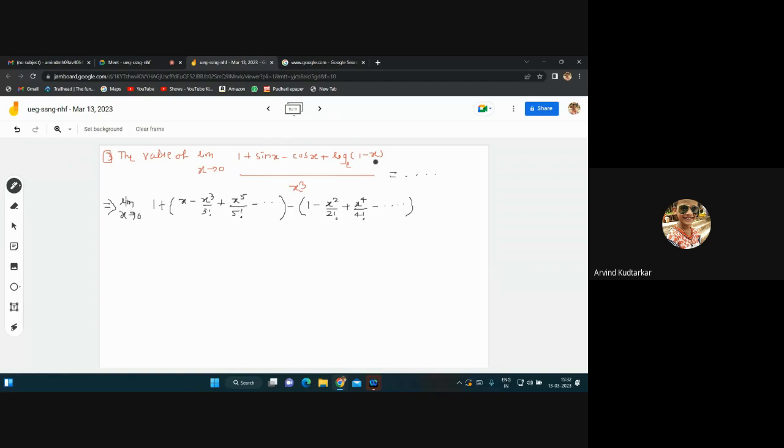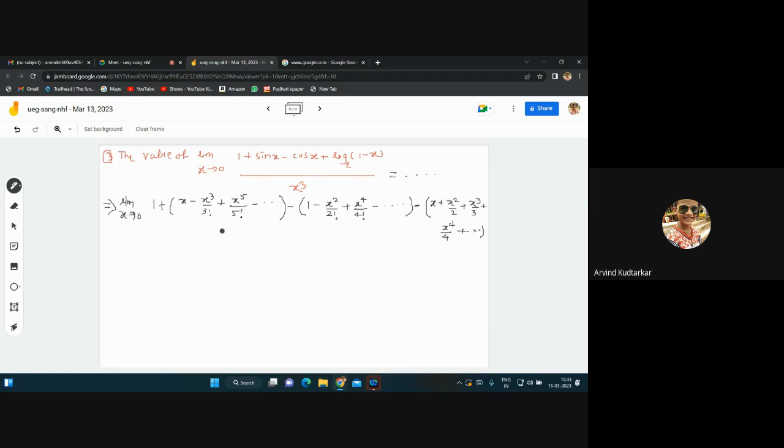So log of 1 minus x में क्या होते हैं, सभी टर्म्स नेगेटिव होते हैं, इसलिए मैं नेगेटिव साइन बाहर ले रहा हूं. सो माइनस इंटू प्लस, तो माइनस होणार. और रिमेनिंग टर्म कैसे होते हैं, x plus x square by 2 plus x cube by 3 plus x raised to 4 by 4 plus and so on, ये टर्म होते हैं.